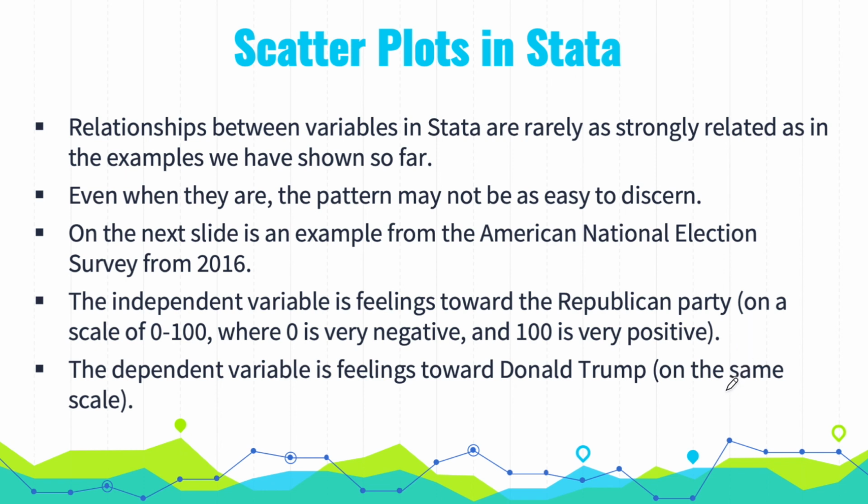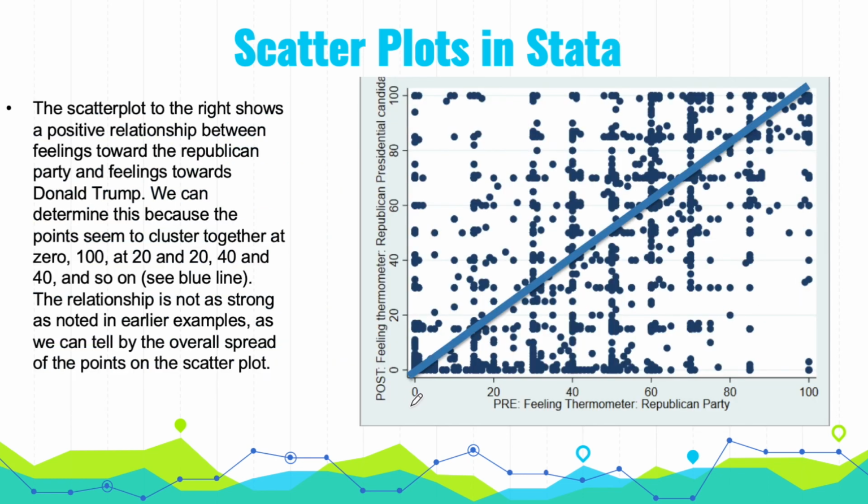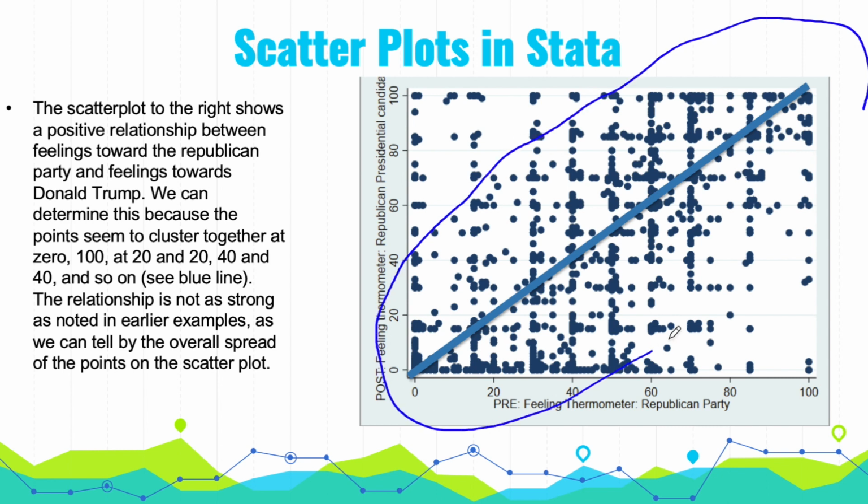And then the dependent variable is feelings towards Donald Trump, again on the same scale. All right, so this is what the scatter plot looks like when we show all of these thousands of data points on one small graph. You can maybe see that there are clusters of points here in the center of the graph, and I've drawn a line here that might approximate a positive relationship.